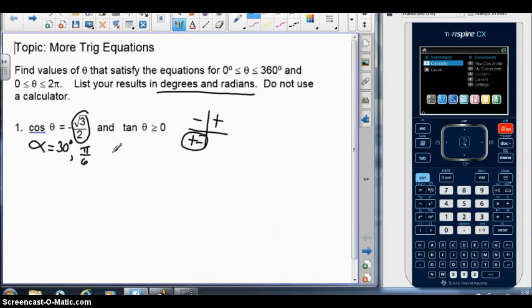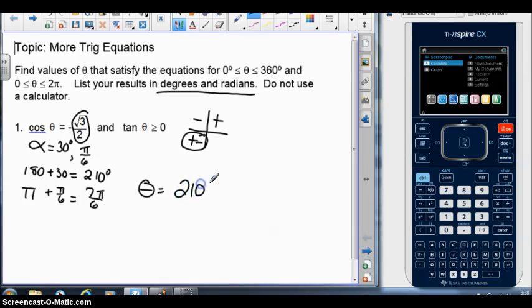In the third quadrant, we go from 180 degrees and add 30 degrees, which would be 210 degrees. Or we start at pi and add pi over 6, which gives us 7 pi over 6. So theta is 210 degrees or 7 pi over 6.